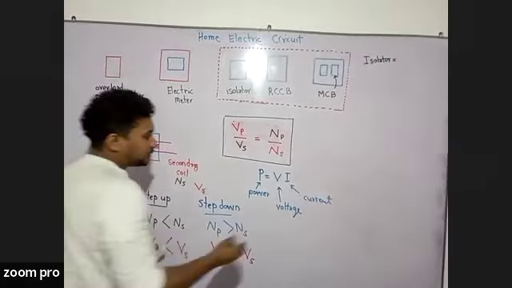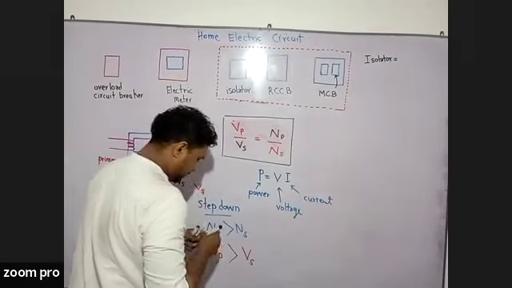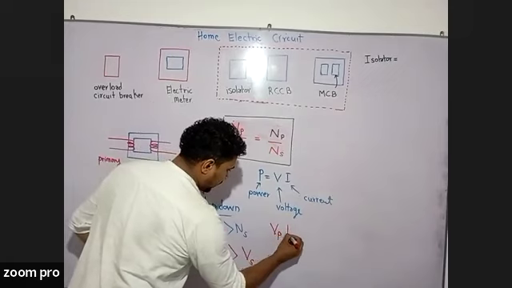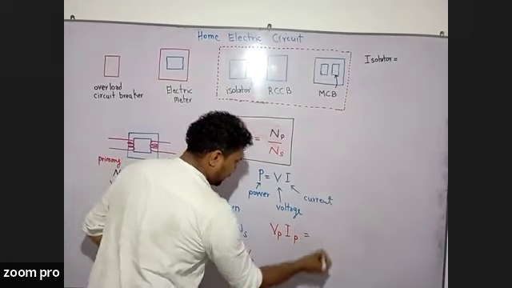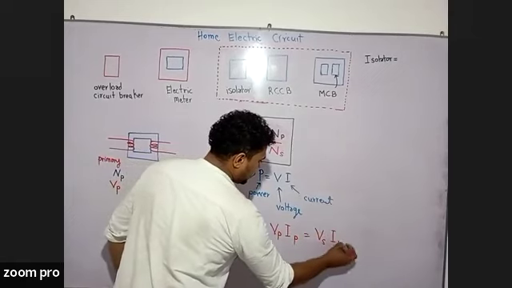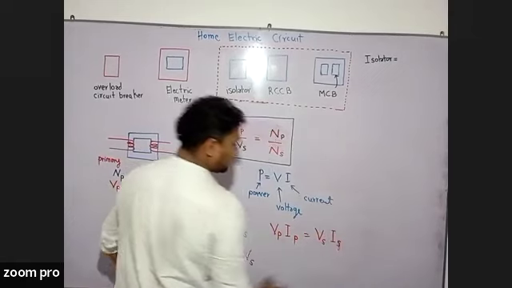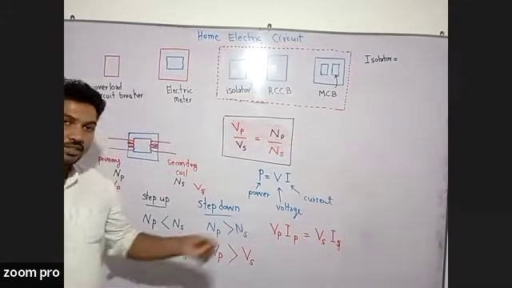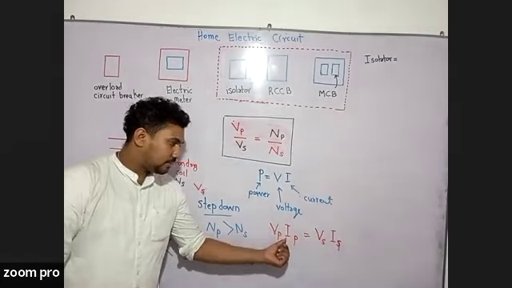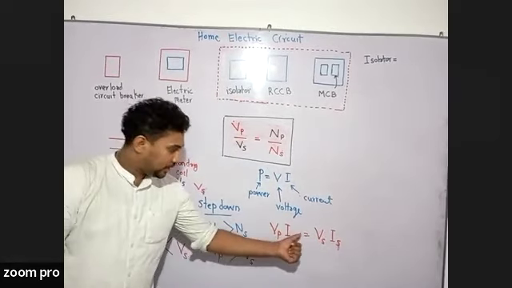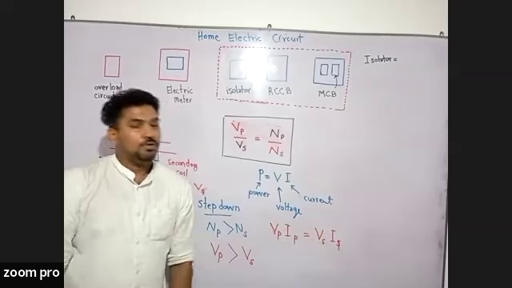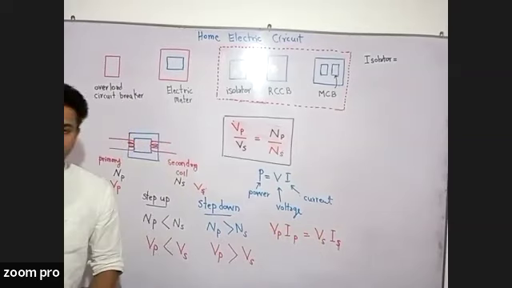Hence, VP into IP equals VS into IS. That means the voltage of the primary coil into the current flow in the primary coil equals the voltage of the secondary coil into the current flow in the secondary coil.